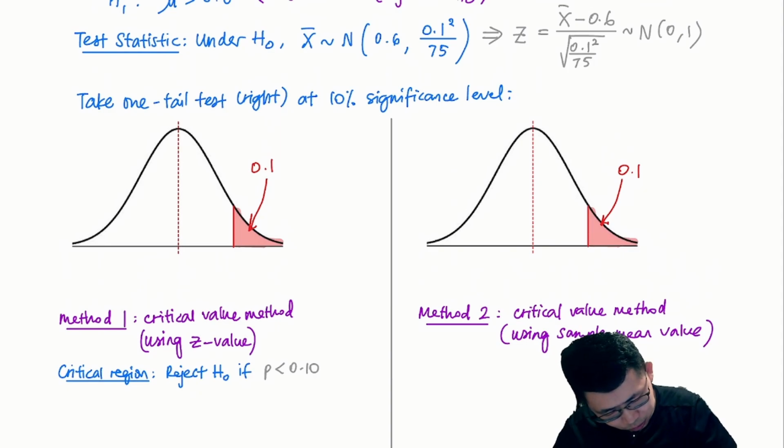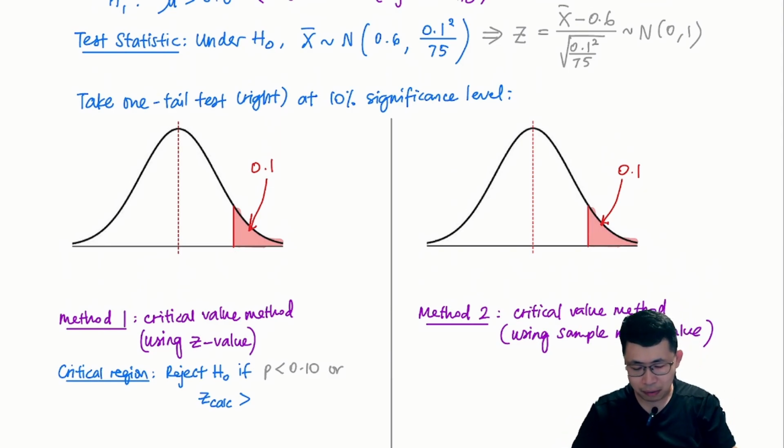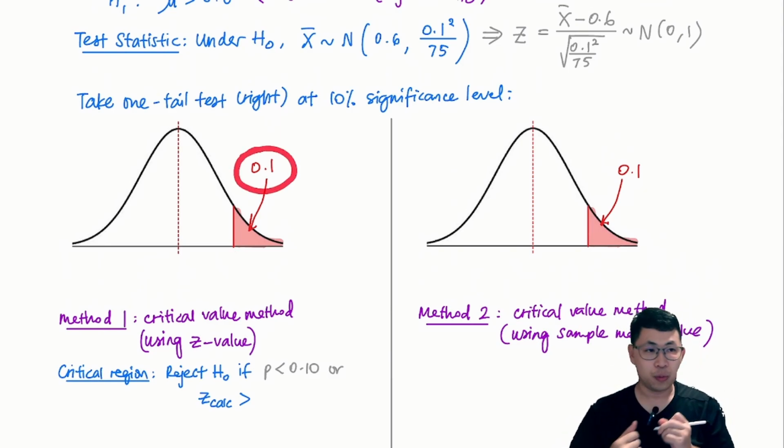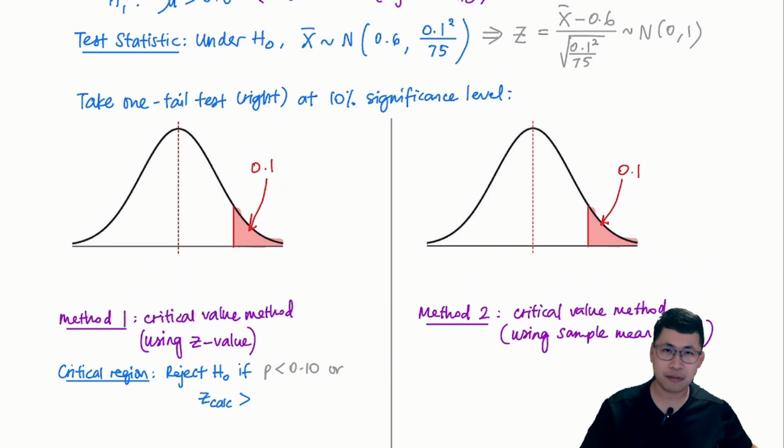Usually we'll just need to write down the z calculated value. So if the z calculated is greater than this value over here. Now the problem is that we don't know this value, but we can work it out because this area is 0.1, and finding this value is just a very easy method of doing the inverse normal.